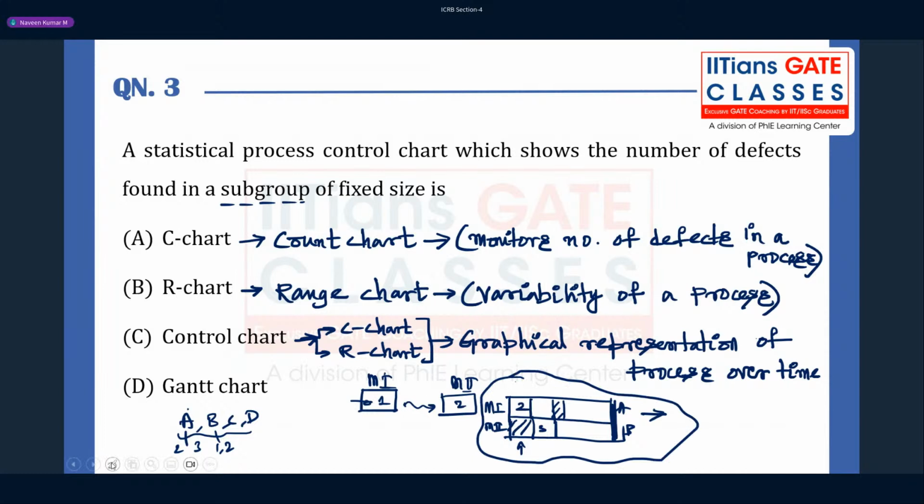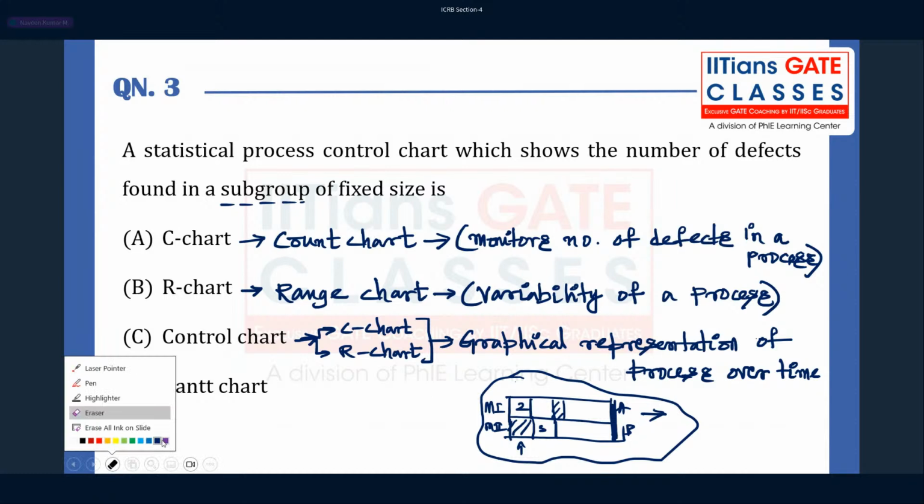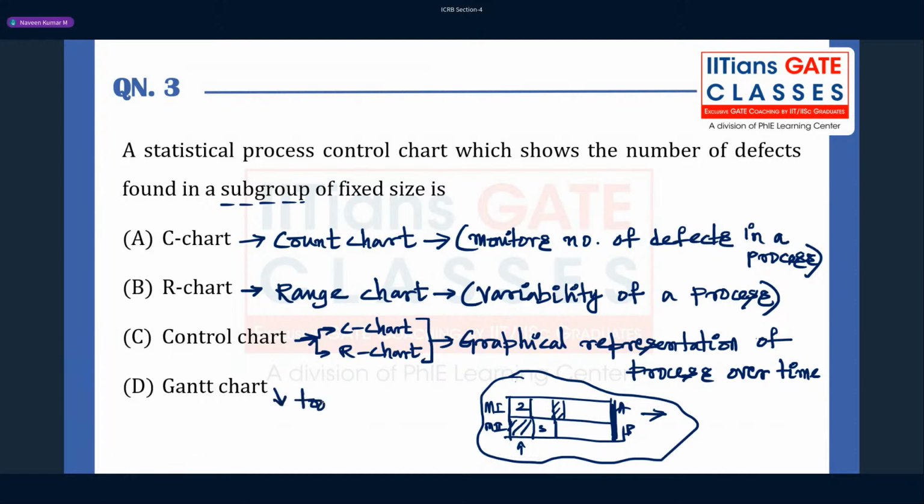Okay, so this chart is known as a Gantt chart. Okay, fine. I'll just write what this is. It's nothing but a tool to represent timing of tasks.